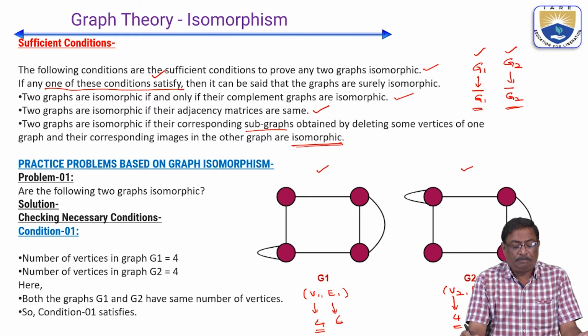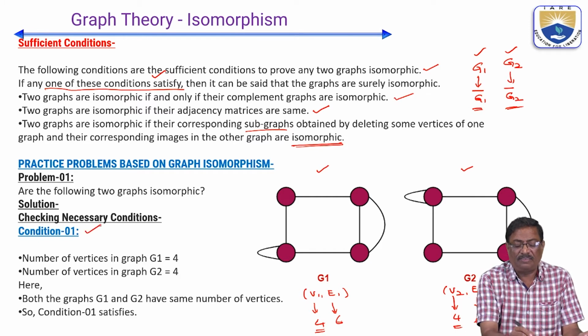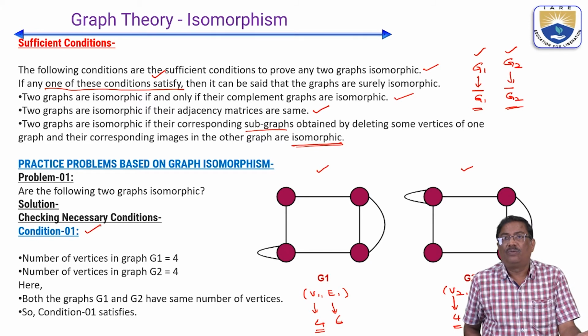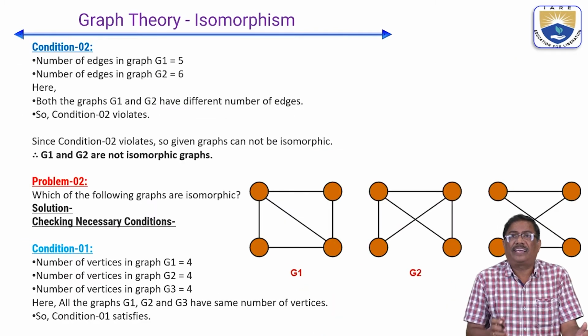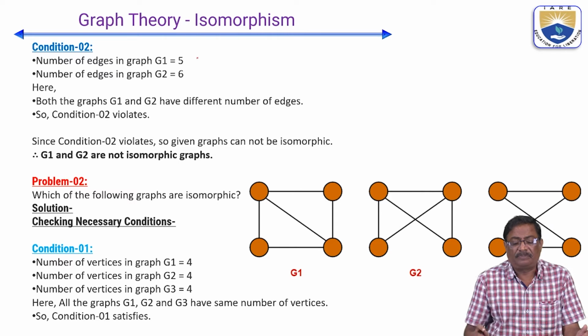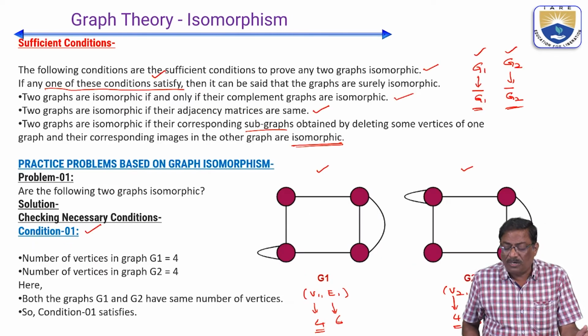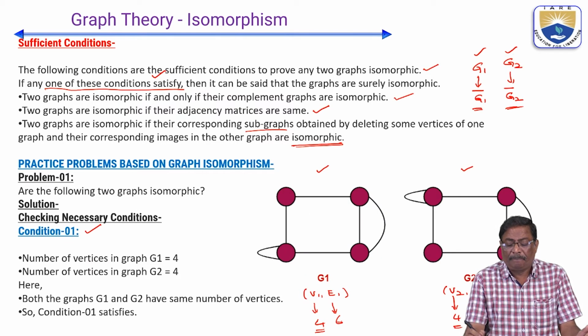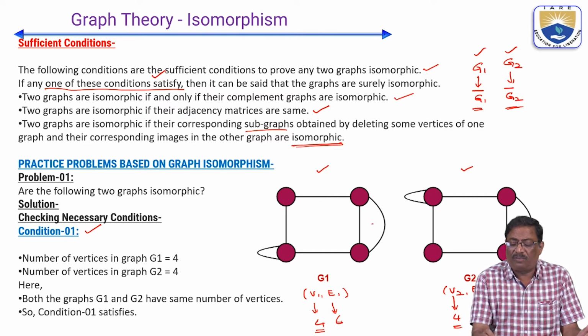So the first condition is the number of vertices, and the number of vertices is the same. Then the second condition: the number of edges in G1. What is the number of edges in G1? 1, 2, 3, 4, 5, 6, and 1, 2, 3, 4, 5, 6.